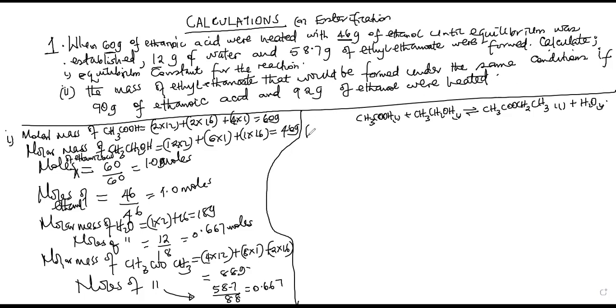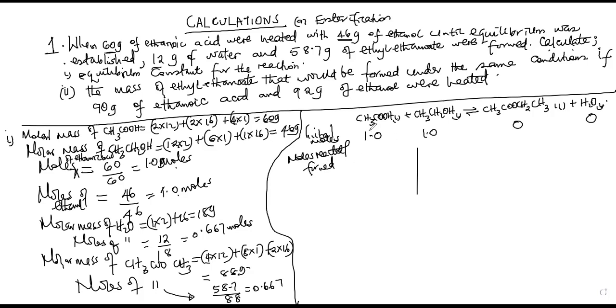So initial moles. Initially, we have moles of ethanoic acid 1.0, and ethanol 1.0, but we do not have moles of ethyl ethanoate and moles of water. Initially, we don't have moles of the products. Then we need moles reacted or formed.